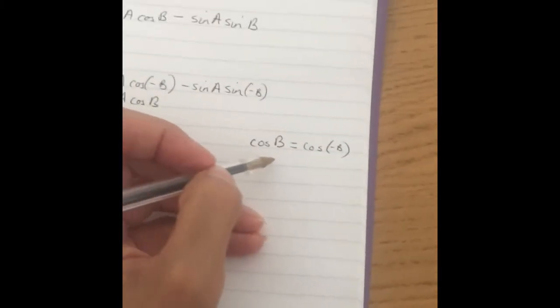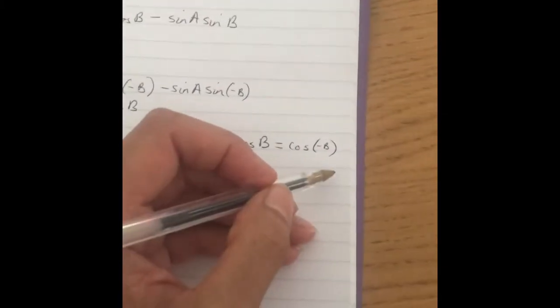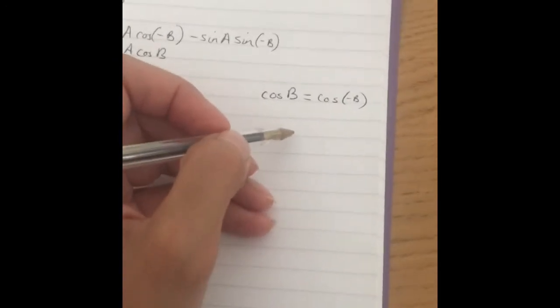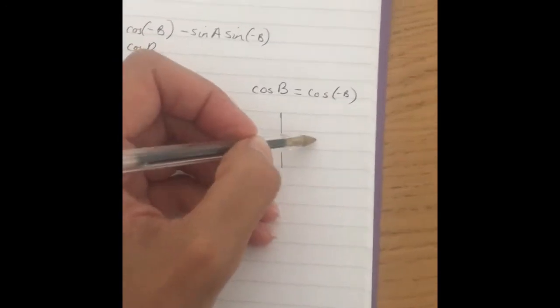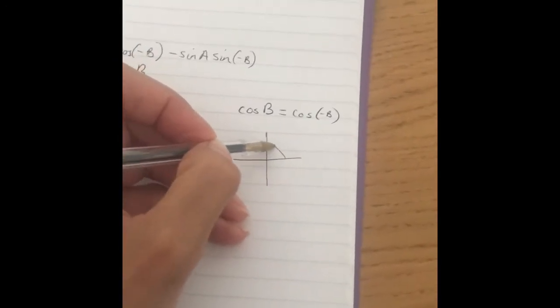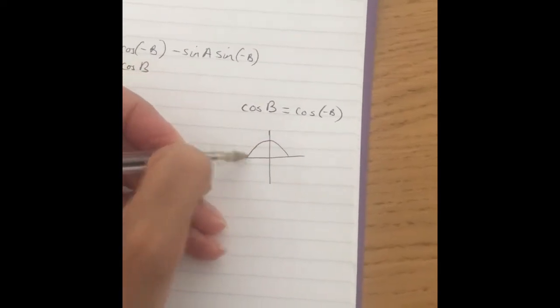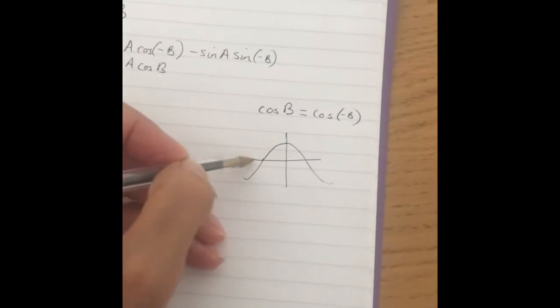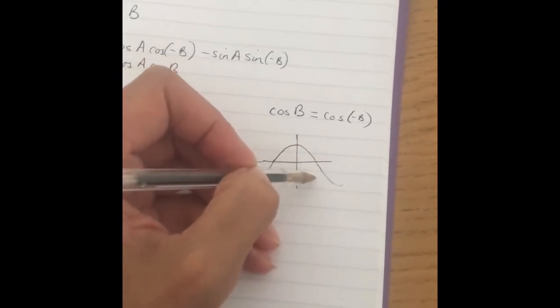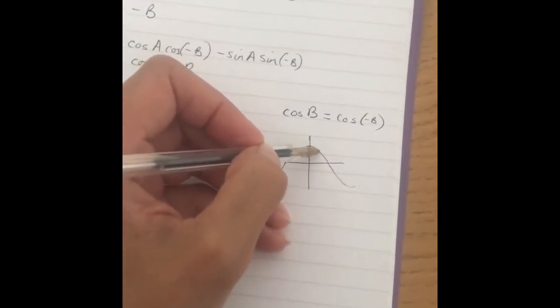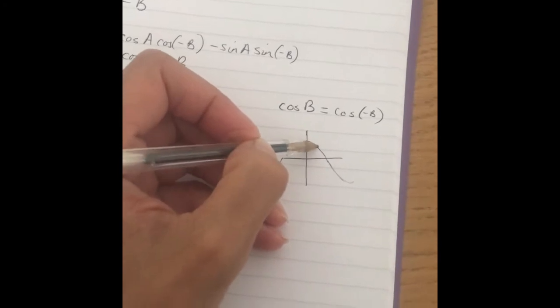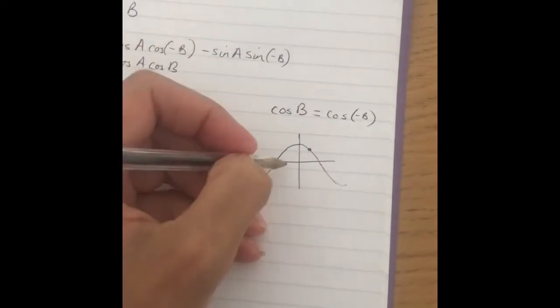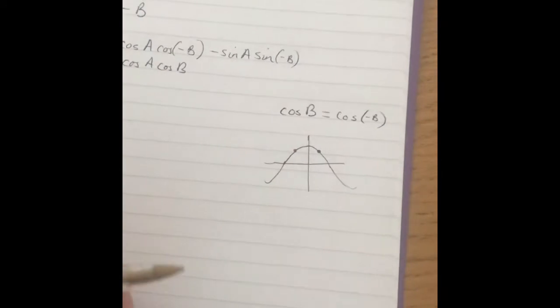If you had cos of 90, it would equal cos of minus 90. It's to do with the symmetry of the cos graph. If you think about your cos graph, it looks like this, and it's symmetrical here. So they call this an even function. Cos of 90 and cos of minus 90 are symmetrical, so you'd get the same value.